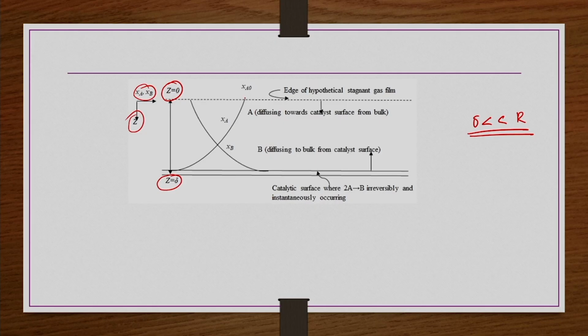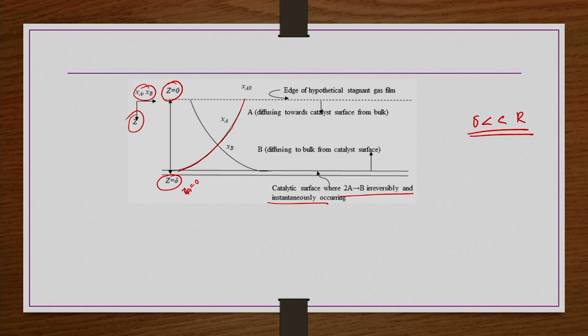Now, Xa is Xa naught at a hypothetical film edge which is almost pure, and then it is reacting and its concentration is dropping and becoming 0 at Z is equal to delta if it is irreversible and instantaneously occurring. Otherwise it has to be represented accordingly.